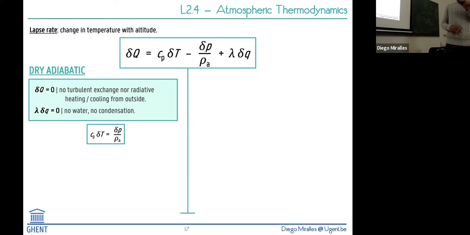It goes. Now what else goes in here? Well, if it is a dry adiabatic process, it means that there is no moisture that is changing phase. So this is gone. So imagine just air in which it doesn't have any moisture, or the moisture that it has is not changing. There is no phase changing, because if delta Q is zero, this is also gone.